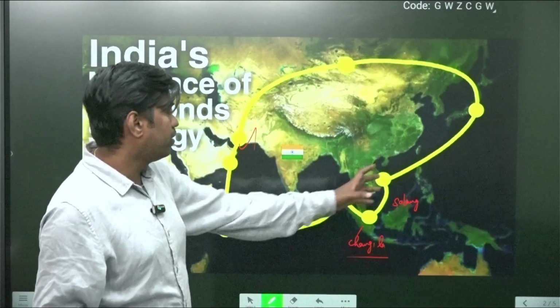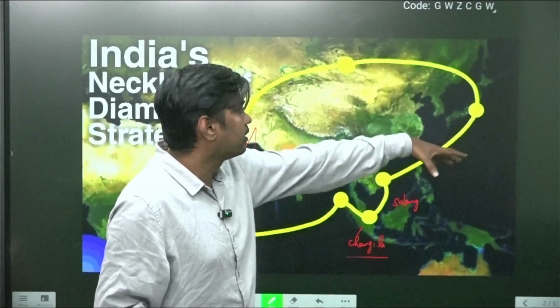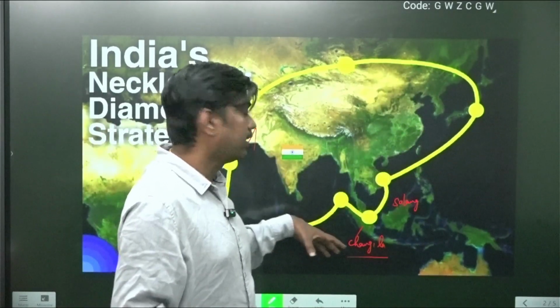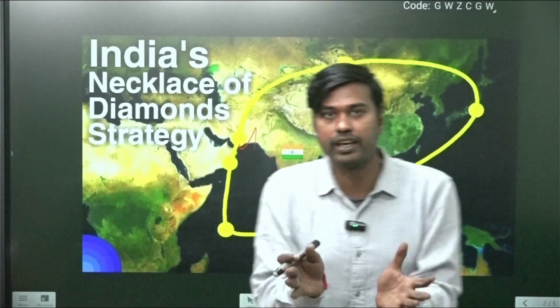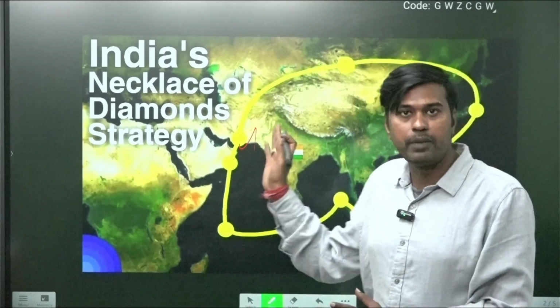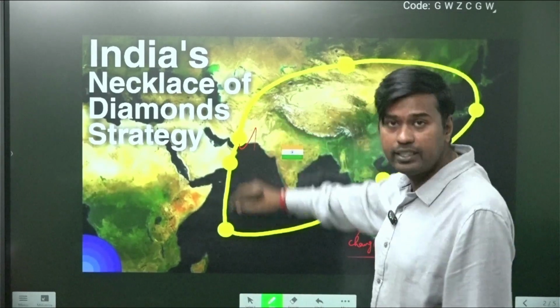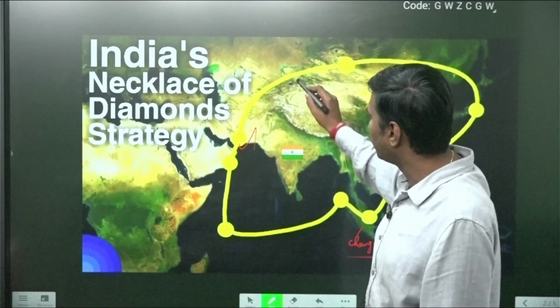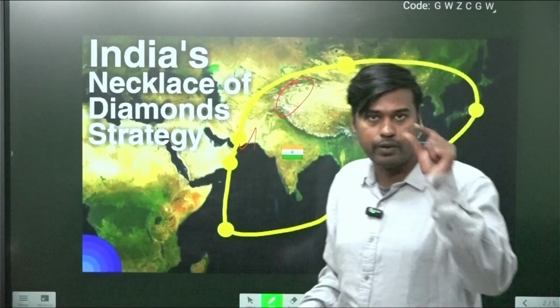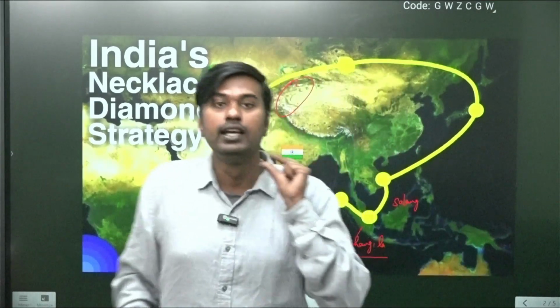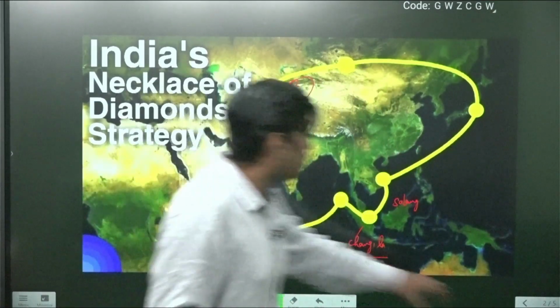So here, if you see, friends, India is also trying to encircle China, especially through these countries in the Indian Ocean region. Not only that, we are also coming up with other areas where we can encircle China, not only in the maritime areas, but also the surrounding territorial land areas, where we are trying to improve our relationship with Central Asian countries. We'll discuss that one by one.